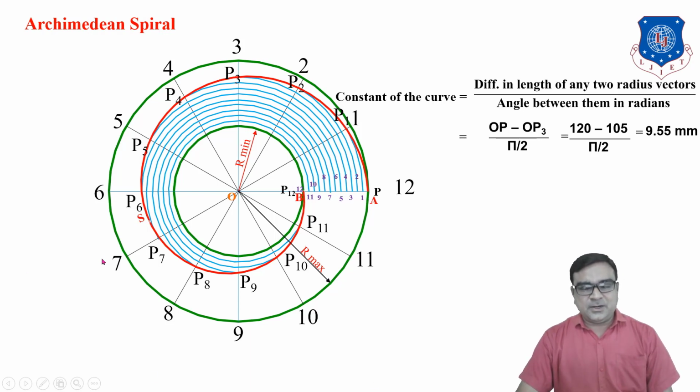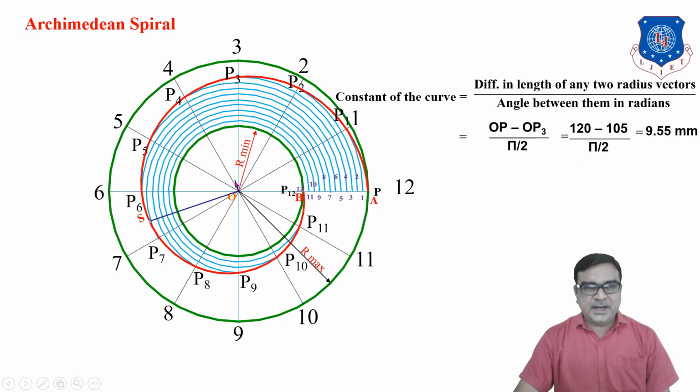In normal and tangent we require the constant of the curve. So select any point on the curve, then join S to the pole of the spiral O. Then from O draw one line which must be perpendicular to SO, and this line goes towards where the radius of the spiral is bigger. The length of this line must be 9.55.